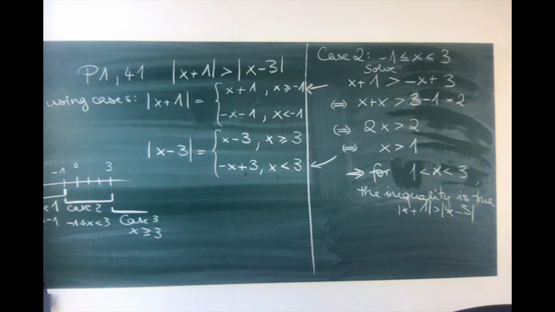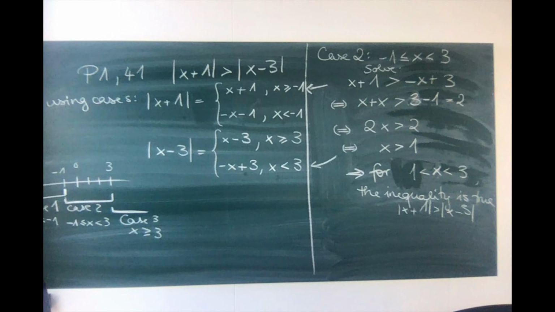Next case, x is between minus 1 and 3. So now we have to use x plus 1 and minus x plus 3 for the left and the right side of the inequality. And that gives x is larger than 1. Okay.